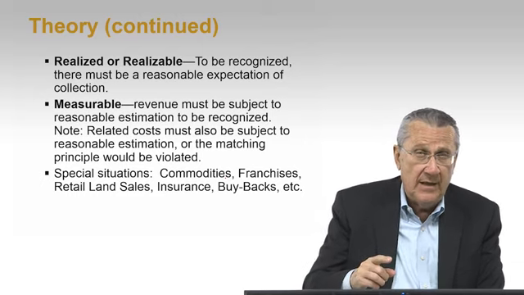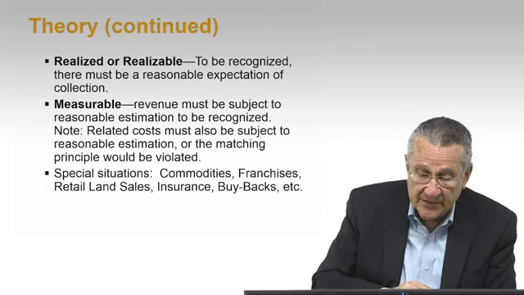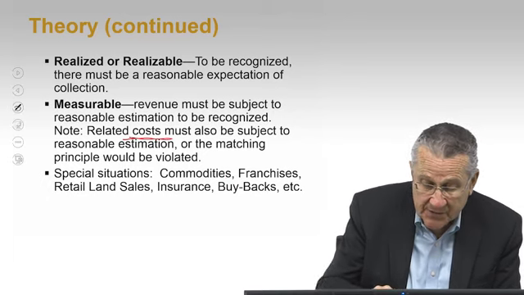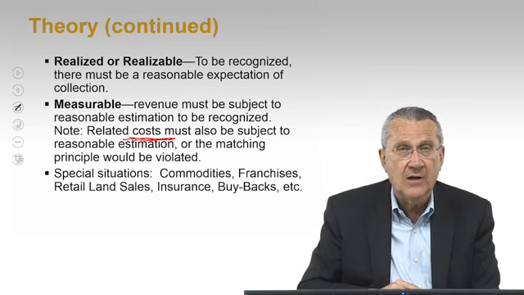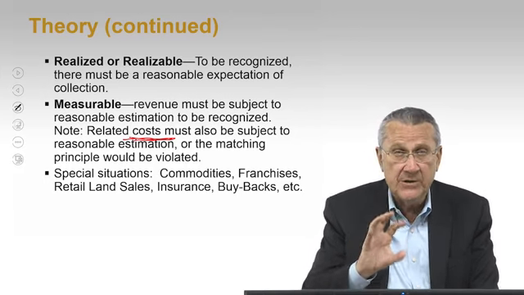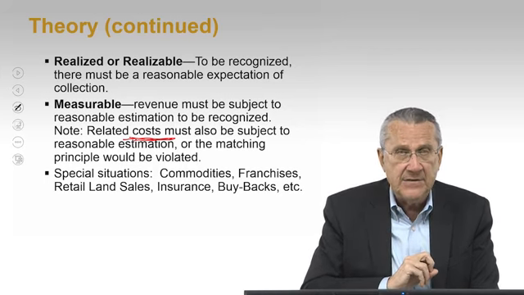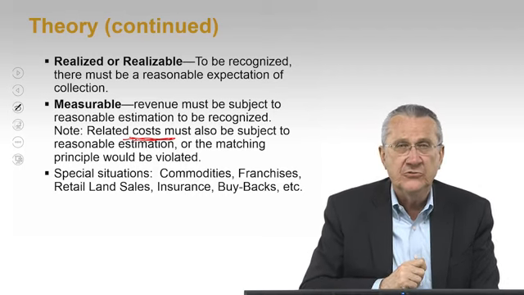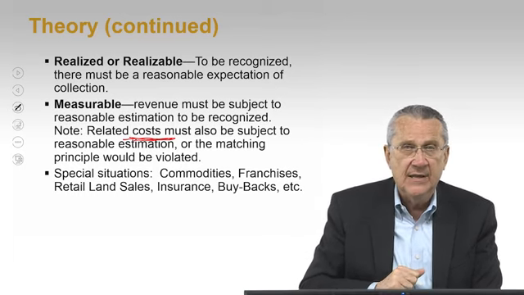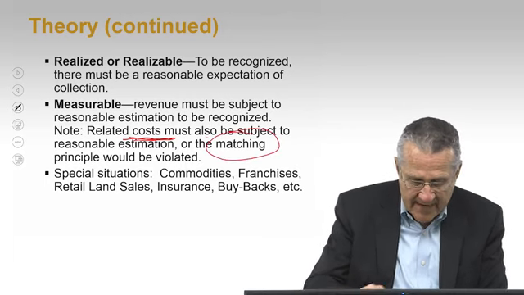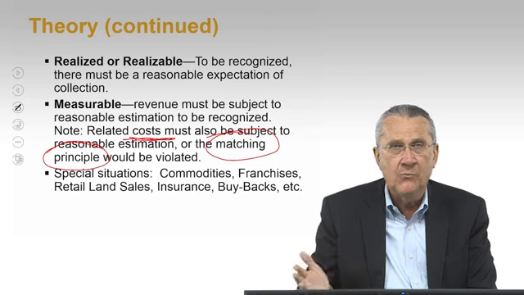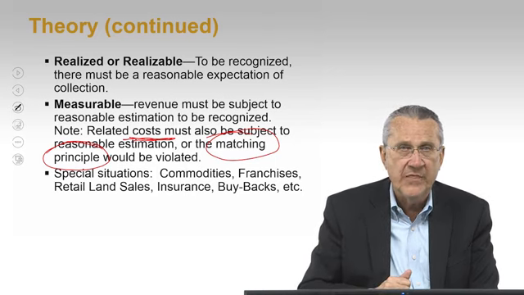Okay, now, a peculiar thing to consider: we've got to also be able to reasonably estimate costs and expenses. Because if some material costs and expenses are in fact also subject to material uncertainty, contingencies, for example, then we might violate the matching principle if we jumped ahead and recognized the revenue but didn't know how to appropriately estimate the costs that would be associated with them.